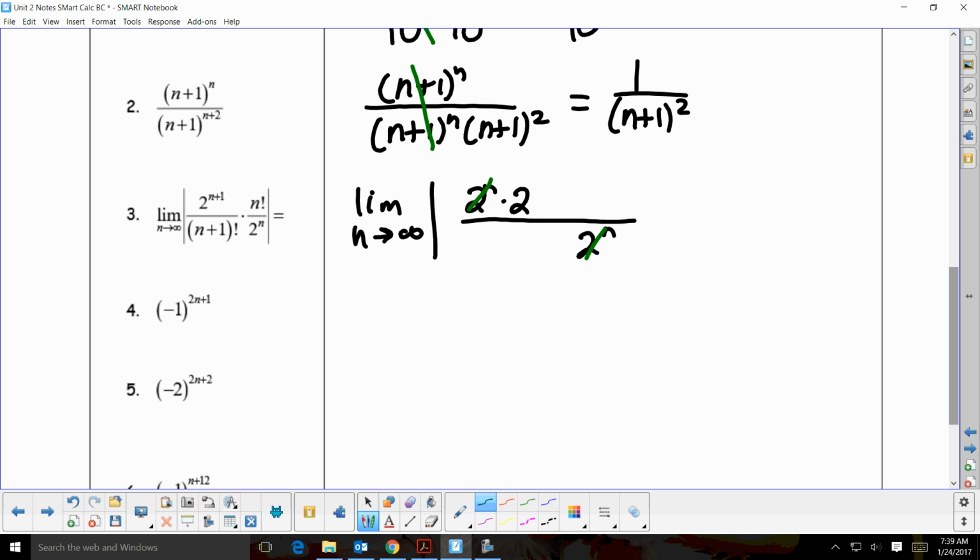The bottom. So I'm going to take out an n plus 1 and leave an n factorial now. And I still had the n factorial on top. So now these two can cancel. So I'm left with 2 over n plus 1.